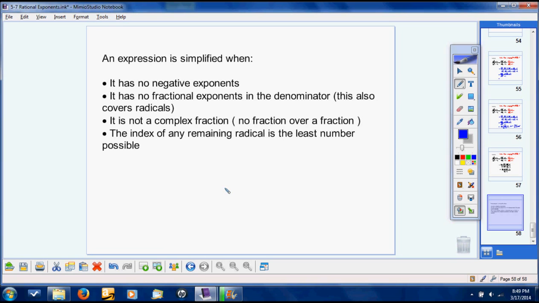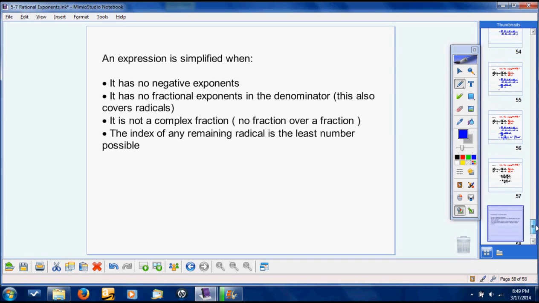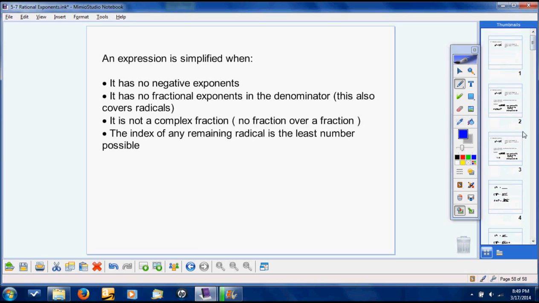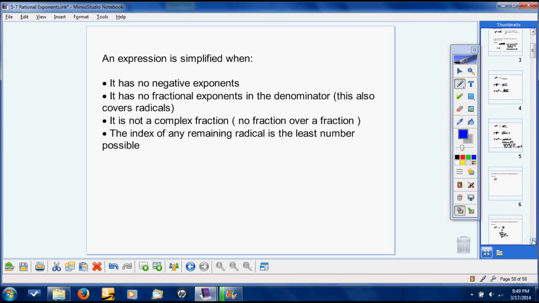Okay, so what we should do is take a look quickly at some of these previous things that we did. An expression is simplified when it has no negative exponents. So let's take a look at the first 3 examples we did.